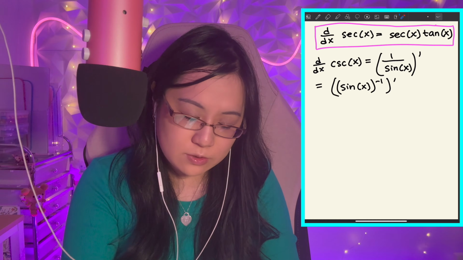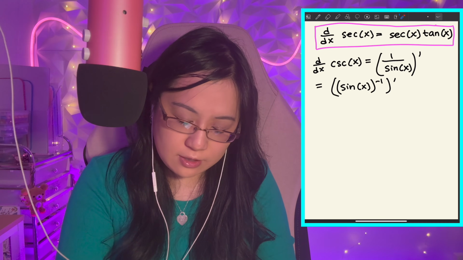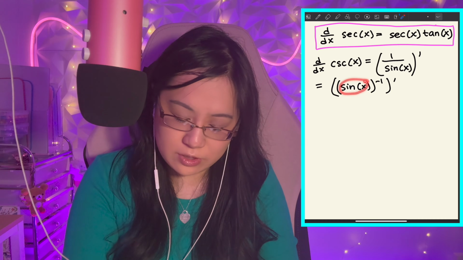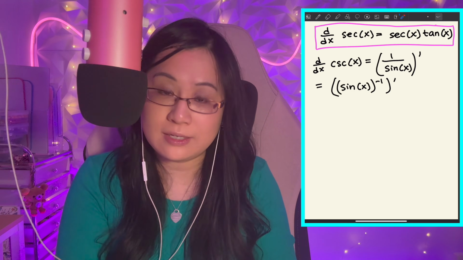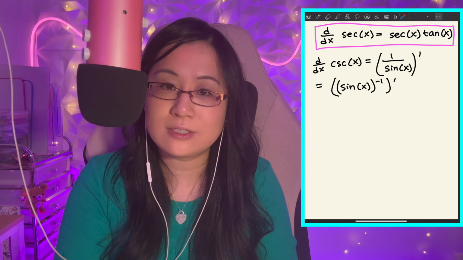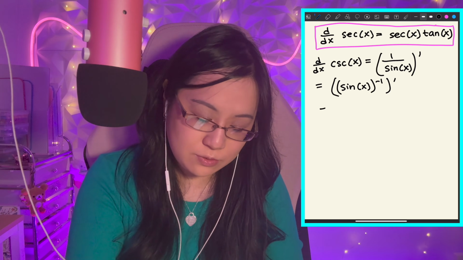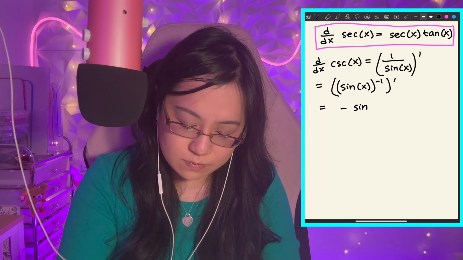I'm going to treat sine of x as though it were x. The derivative of x to the negative 1 is negative x to the negative 2 using the power rule, so I would just write it out as though that's what I'm doing.